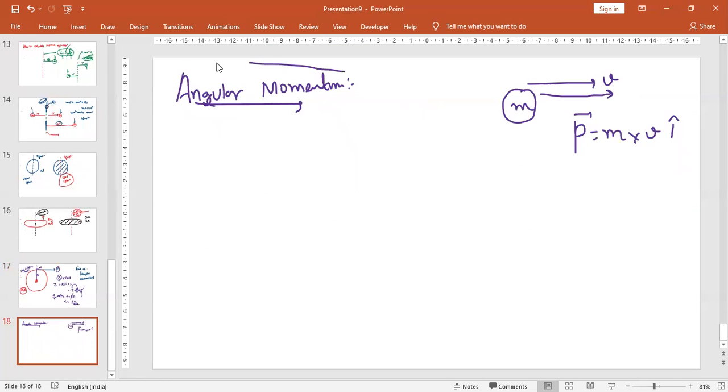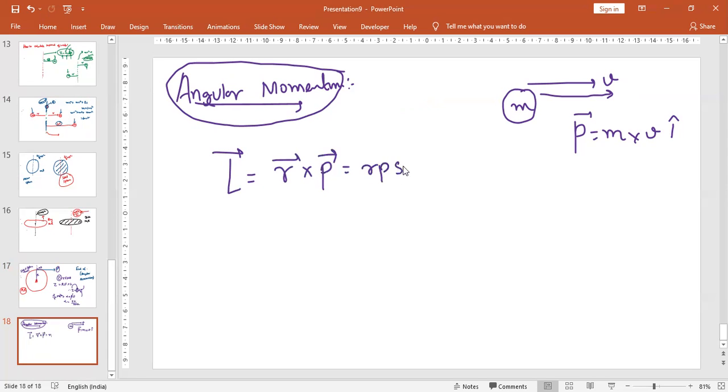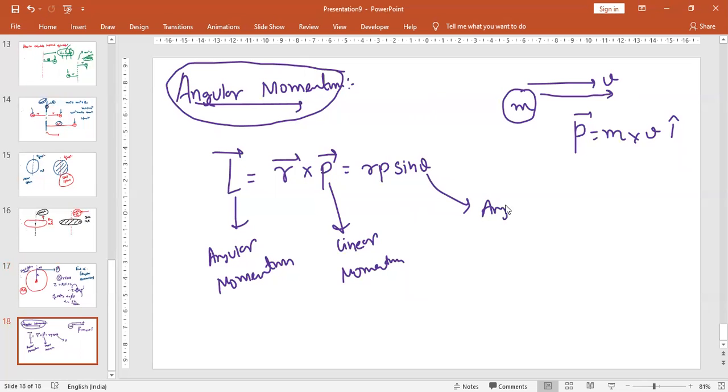Similarly, if a mass is rotating, then we can calculate angular momentum. So L is basically equal to r cross p, or we can write it as r p sine theta. L is your angular momentum, p is your linear momentum, and theta is your angle between r vector and p vector.